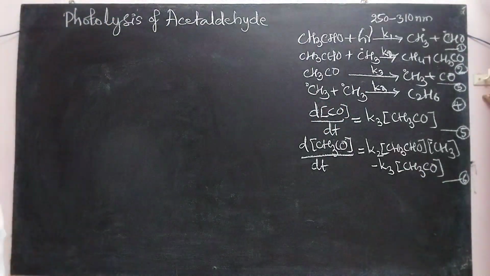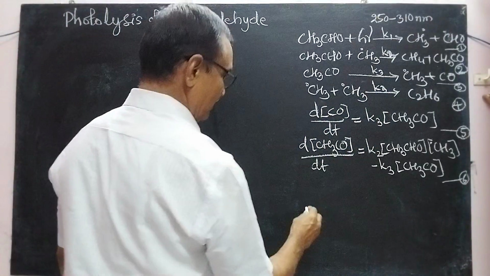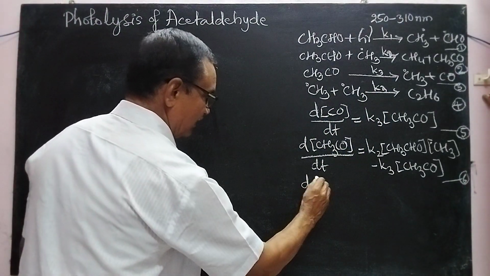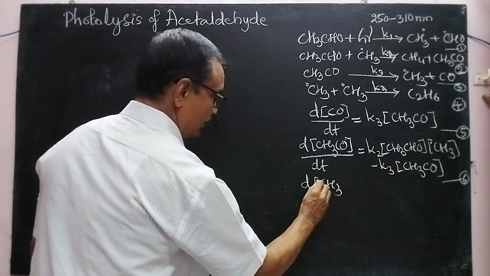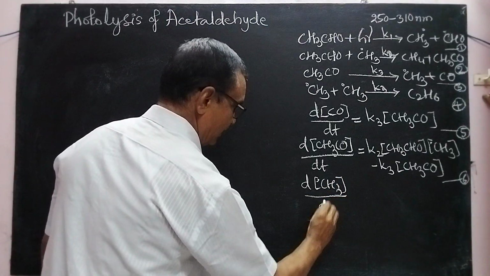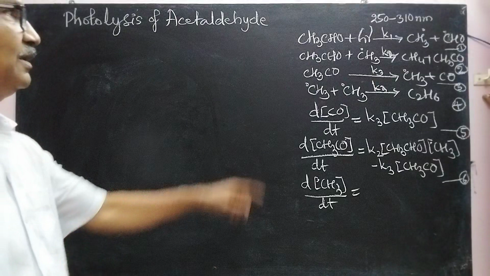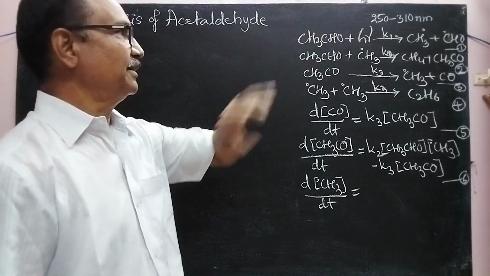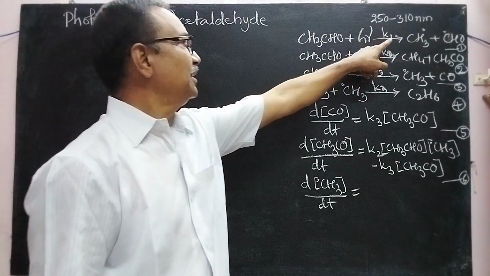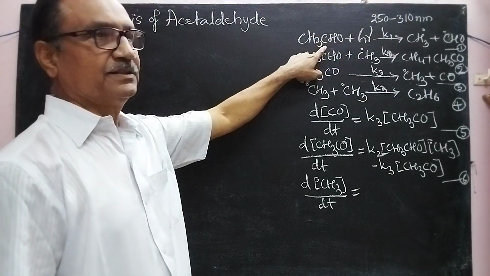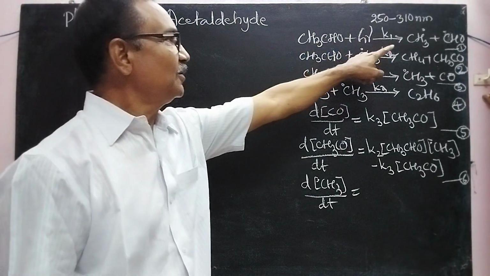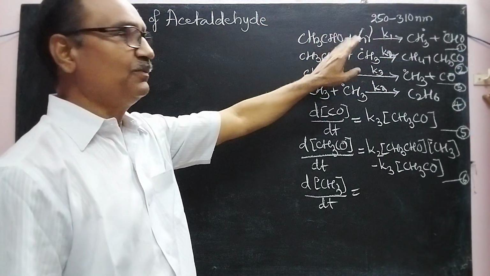Now another important product is the methyl free radical, that is d[CH3 dot]/dt, equal to, how is this CH3 formed? One is from this reaction. We may write it as K1 into concentration of this. But this is a photochemical reaction, a primary process.